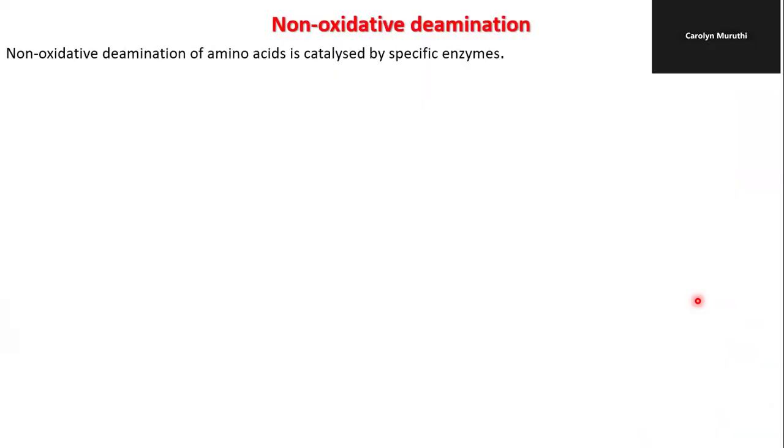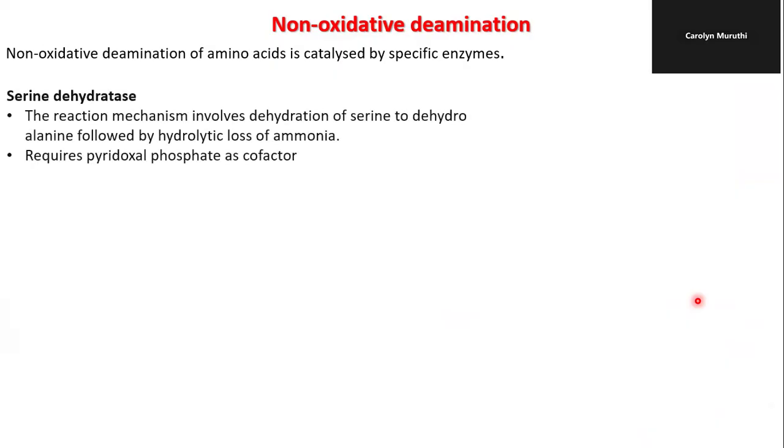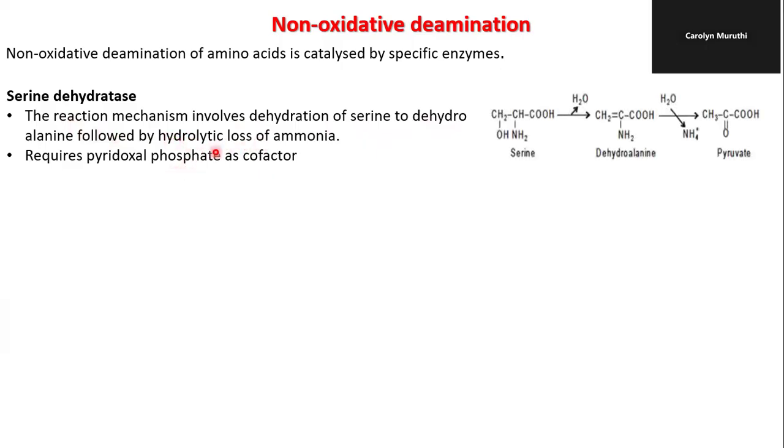We have the non-oxidative deamination, and here we see that some amino acids are characterized by specific enzymes. For instance, we have serine dehydratase, which is involved in the dehydration of serine to give us dehydroalanine, followed by the hydrolytic loss of ammonia. And as we see, it requires pyridoxal phosphate as a cofactor.